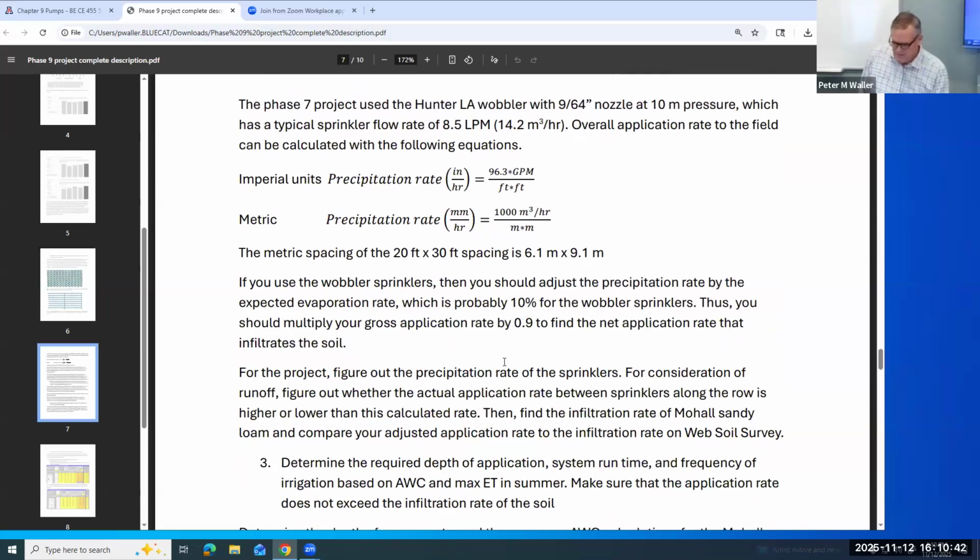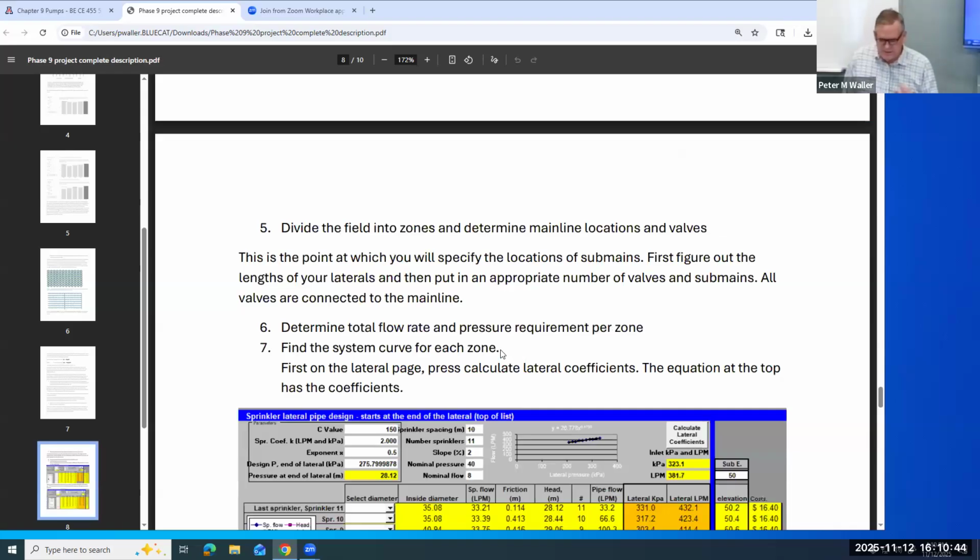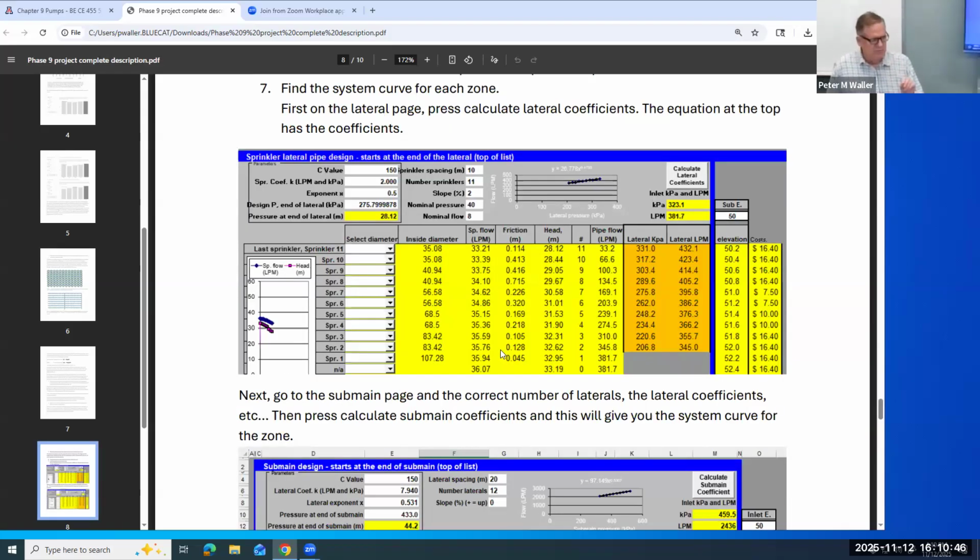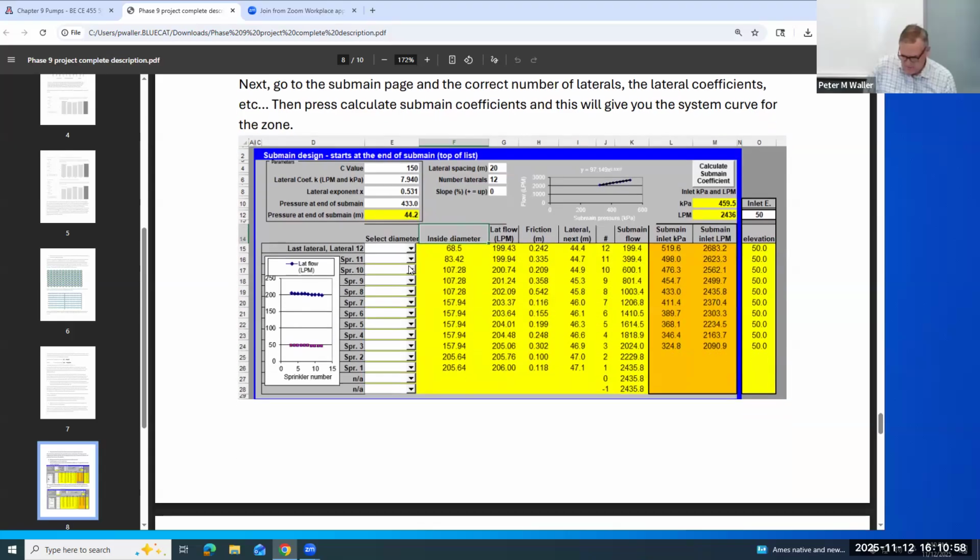But anyway, that 20% pressure variation applies to the beginning of the submain and the end of the last lateral. You can't have 20% just on the lateral. You also have to consider the submain. So you have your lateral equations here, and then it'll calculate your friction loss between laterals.